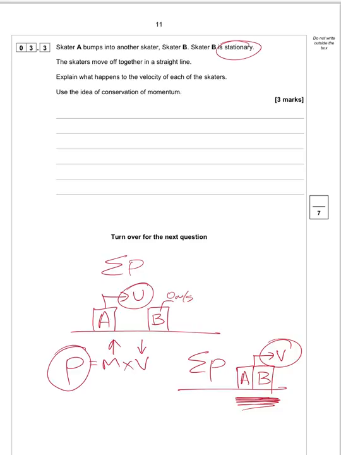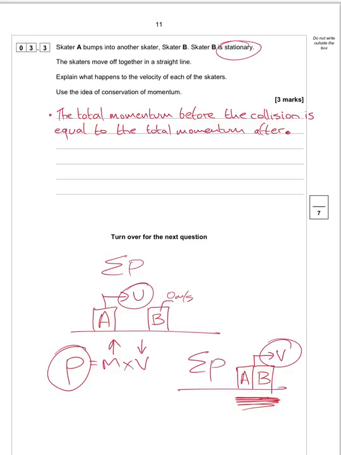Okay, first of all, you need to state the law of conservation of momentum. That's always the starting point for these questions. Okay, so the total momentum before the collision is equal to the total momentum afterwards. So hence, the momentum of B beforehand is equal to 0 because he has no velocity.